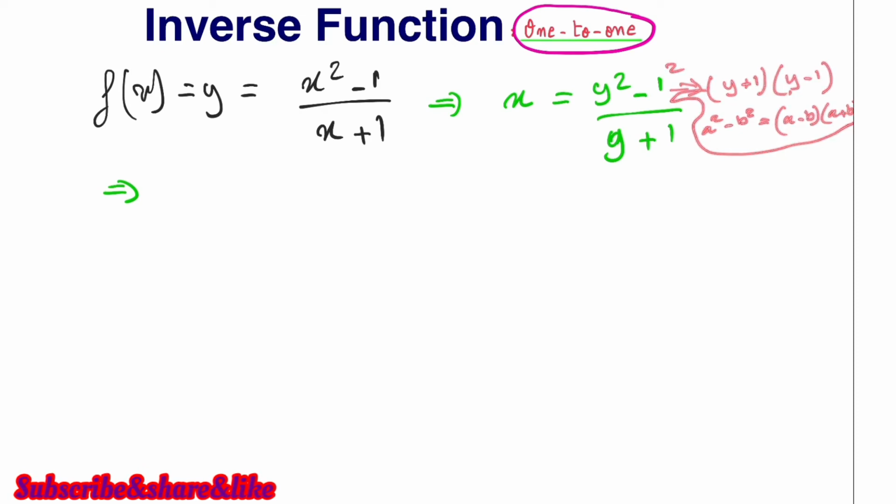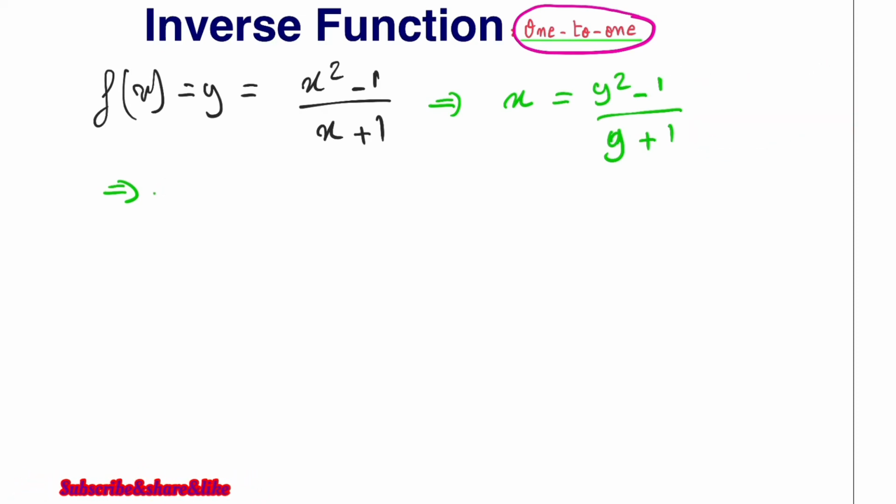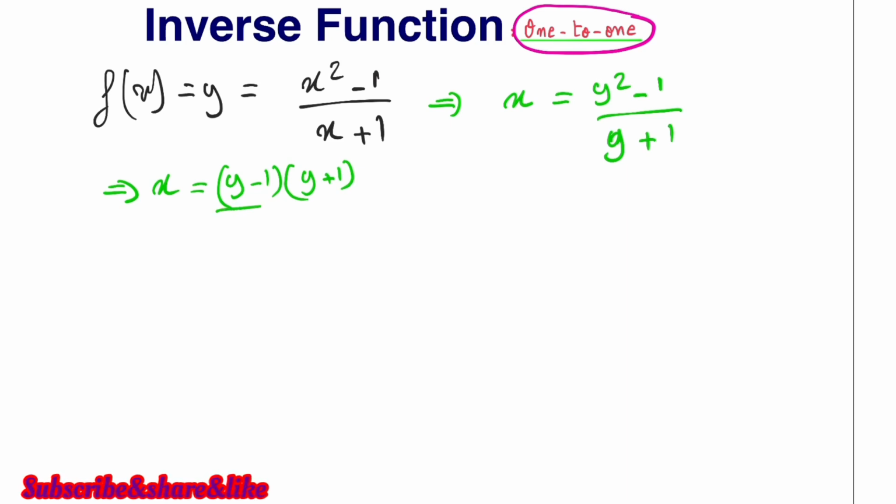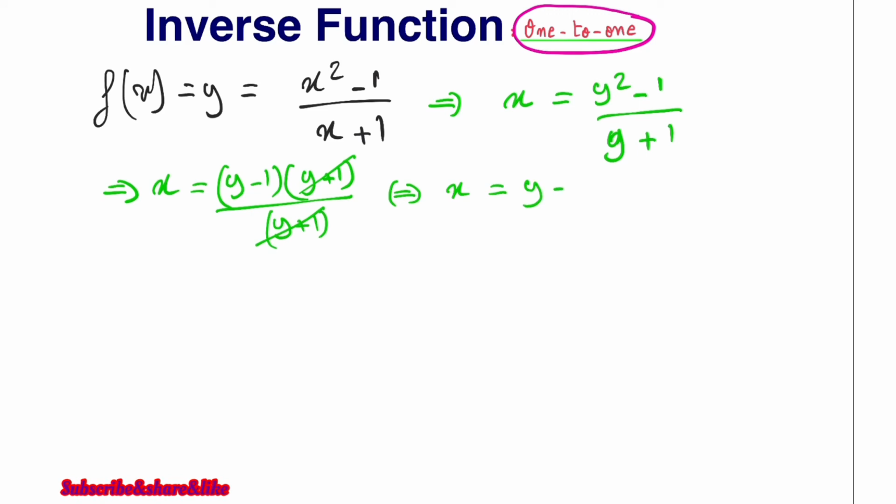Therefore x is equal to y minus 1 times y plus 1 over y plus 1. So we can cancel these two, and we end with x equal to y minus 1.